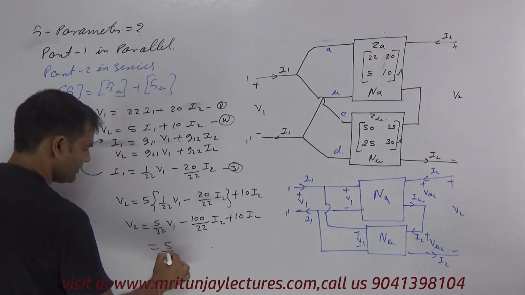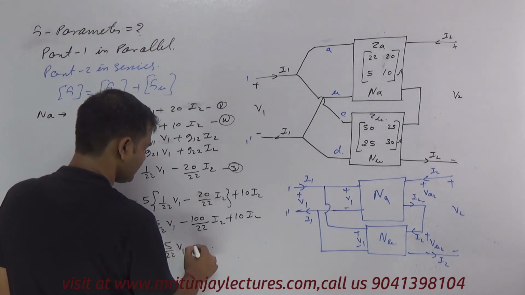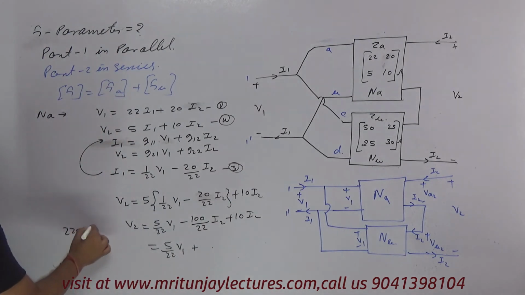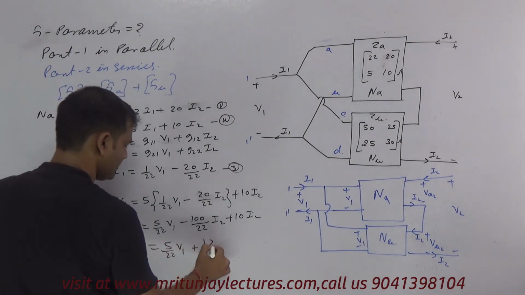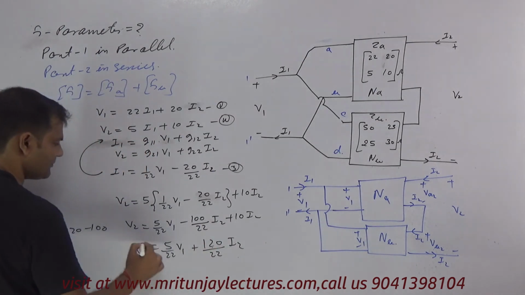So 5 divided by 22 V1 plus 220 minus 100, that is 120. 120 divided by 22 I2, that is V2.